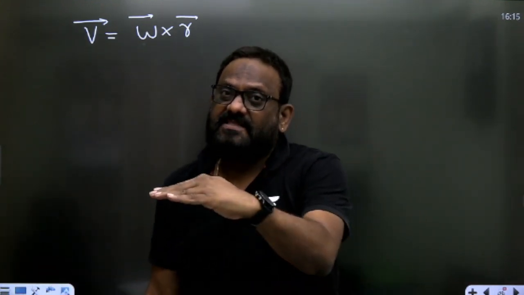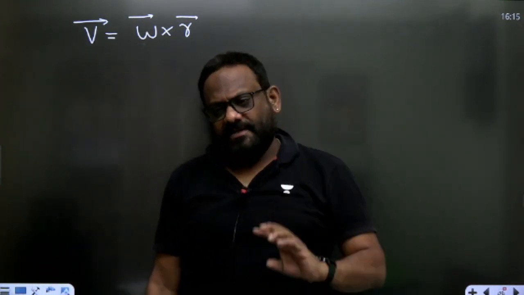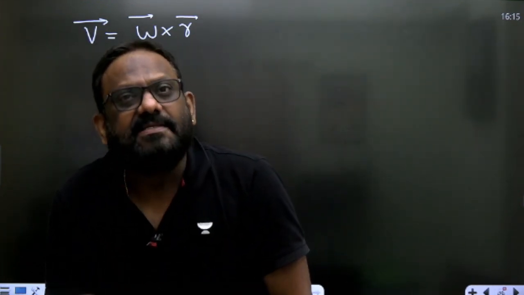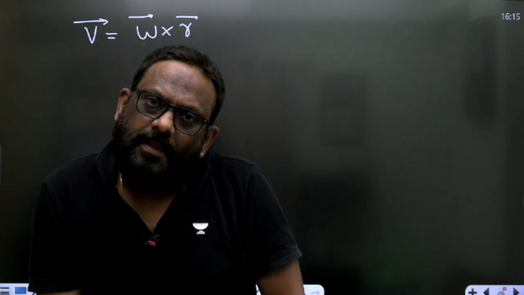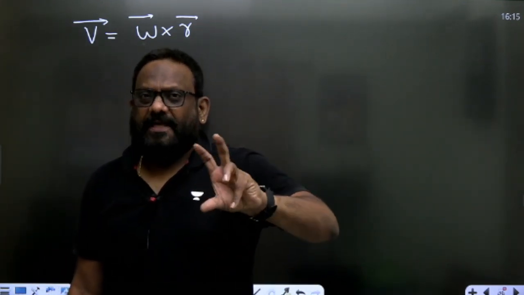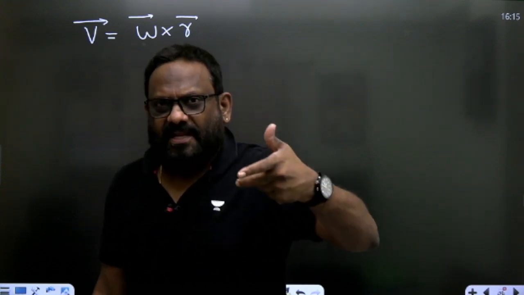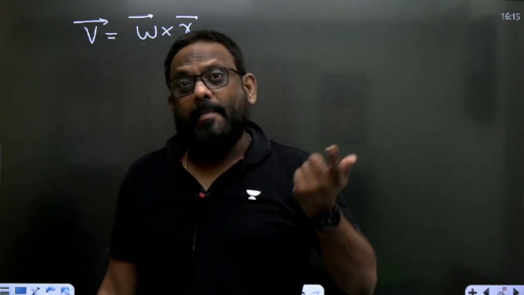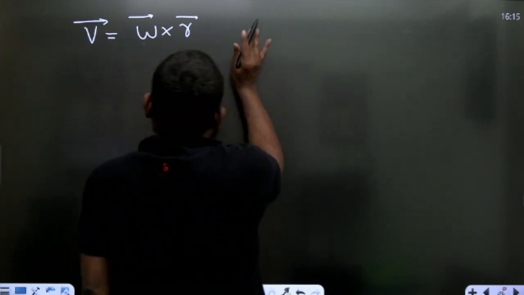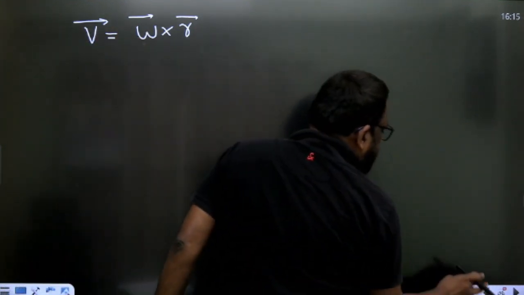One is tangential acceleration, one is normal acceleration. Magnitude wise, tangential acceleration is r alpha. And magnitude wise, the normal or radial acceleration is omega squared r, or v squared by r, something like this.